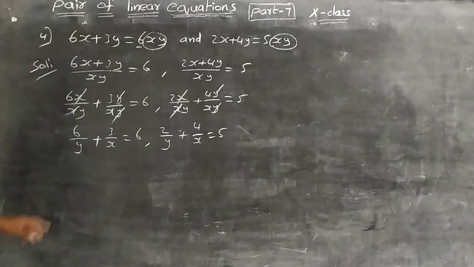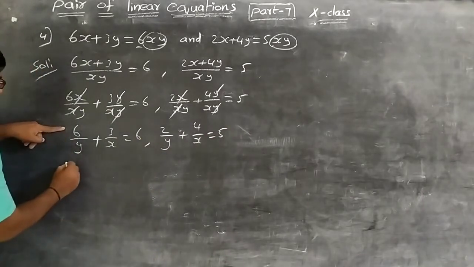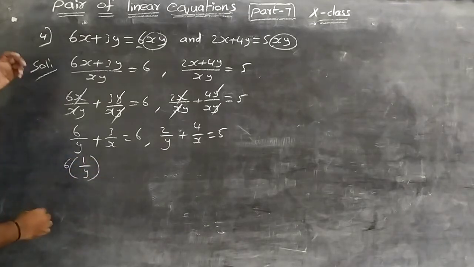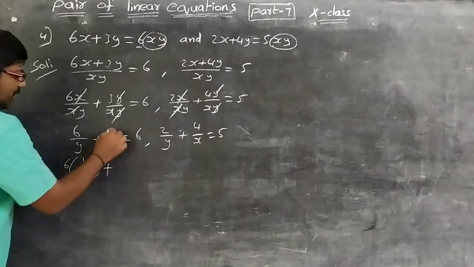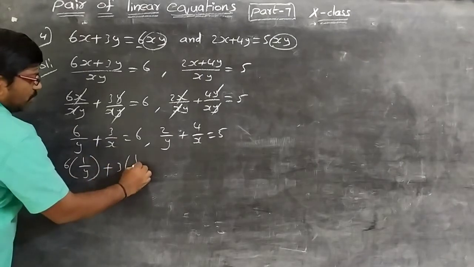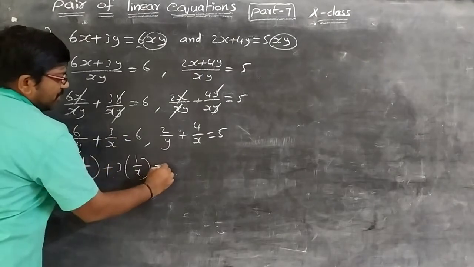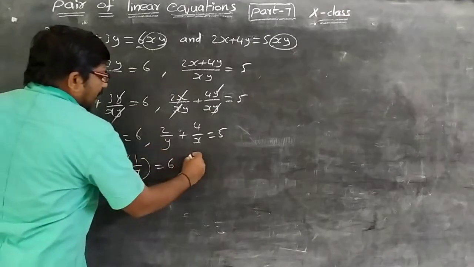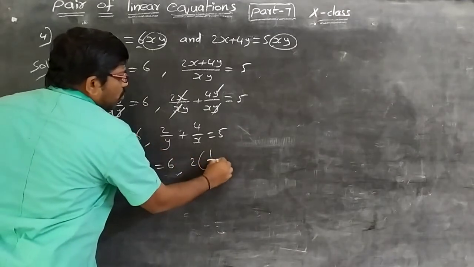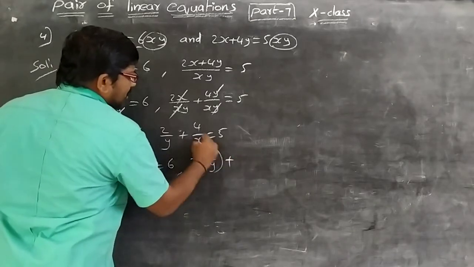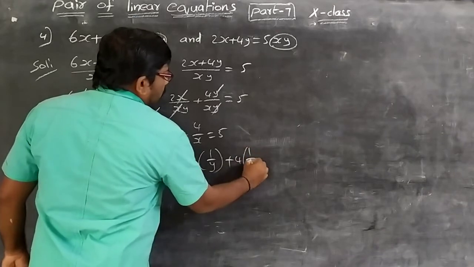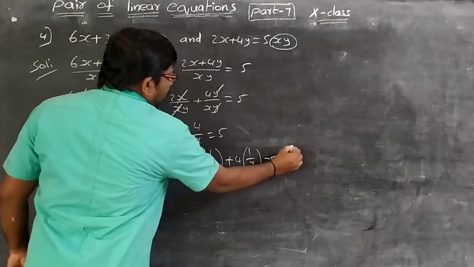Right? And these two equations can be written like this. 6 by y can be written as 6 into 1 by y, plus 3 by x can be written as 3 into 1 by x, is equal to 6. Next equation, 2 by y can be written as 2 into 1 by y, plus 4 by x can be written as 4 into 1 by x, is equal to 5.